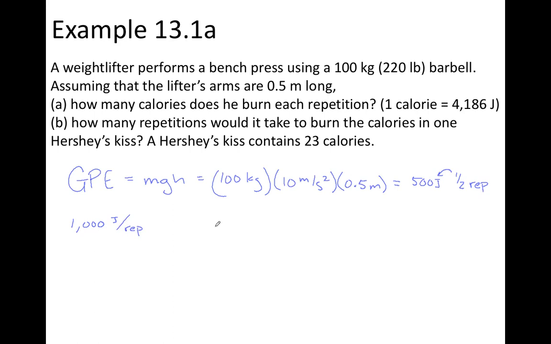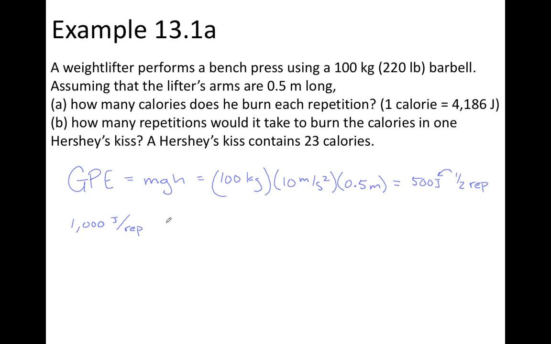Because when you lower the barbell, if you just let the barbell go, that gravitational potential energy would be converted into straight kinetic energy, and that barbell would be hitting the weightlifter's chest. Not good. The weightlifter is going to slowly lower the barbell, and so the weightlifter has to remove that 500 joules of energy from the barbell Earth system that he or she had originally given the system.